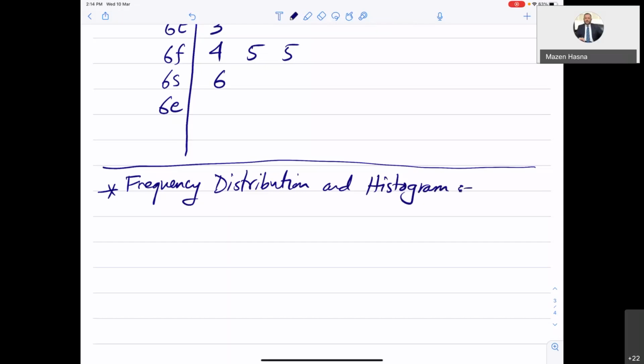So how do we do it? Because frequency distribution and histogram is just the plot of the frequency table or frequency distribution. So how do we construct the frequency distribution or frequency table?